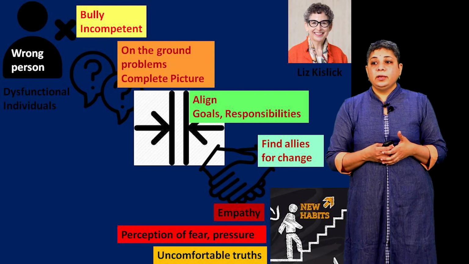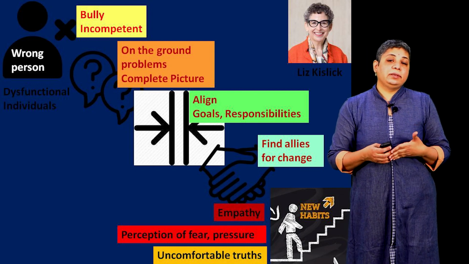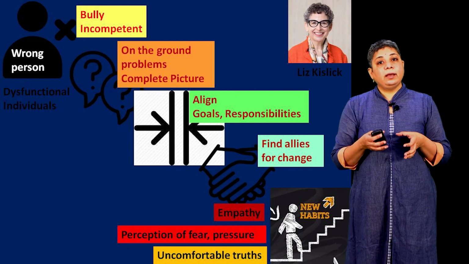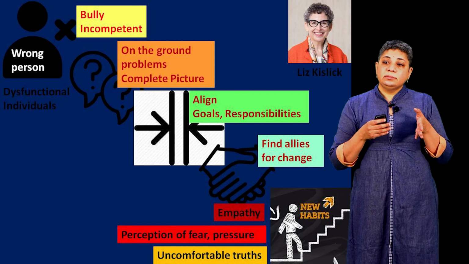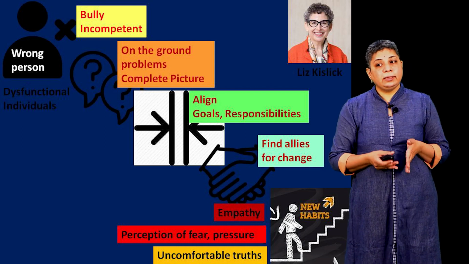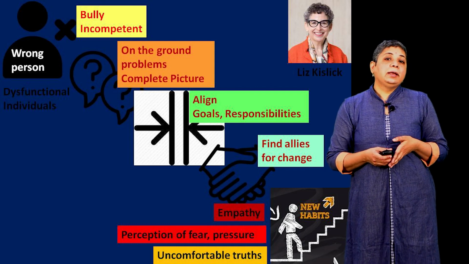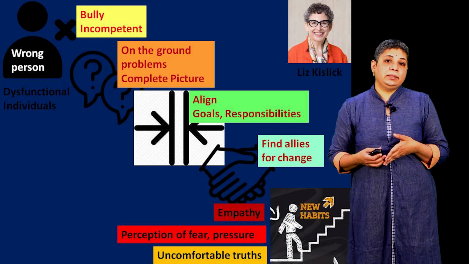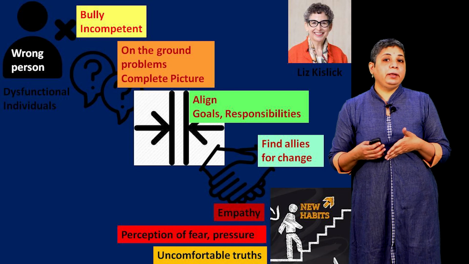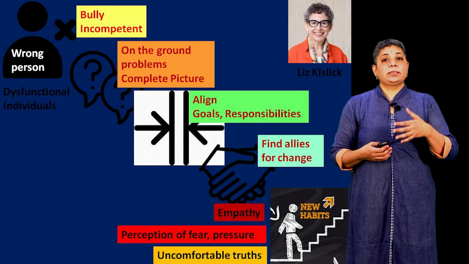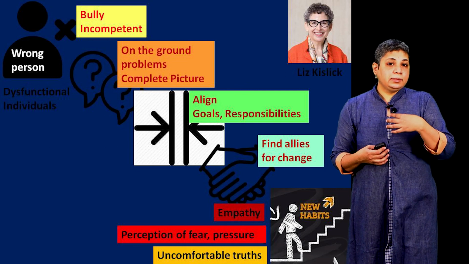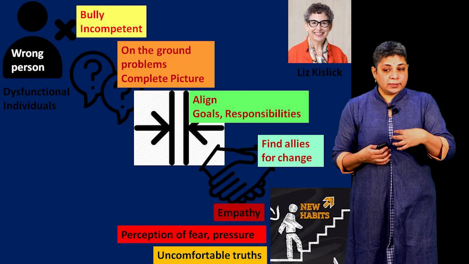The third is to align goals and responsibilities, to see whether all the team members have similar goals and responsibilities, and to align them. The fourth is, if a change has to be brought in, to find allies for that change at various levels, to find people from each component of the team who can participate in bringing this change.